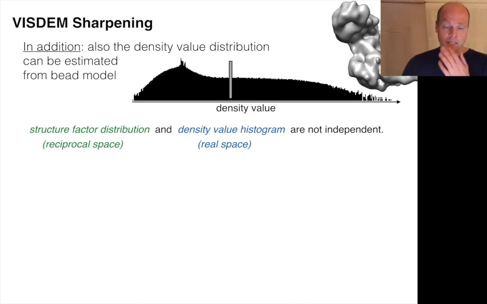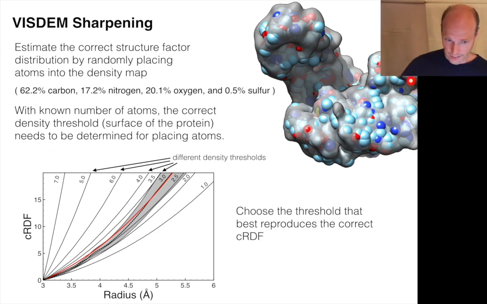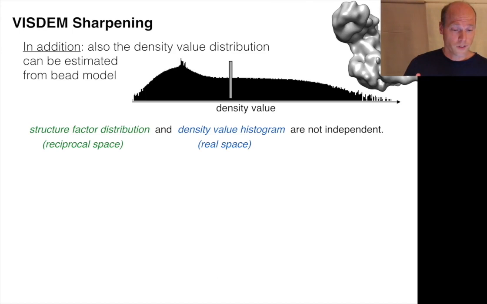And now that is one piece of information that we now have. There's also another piece of information that our estimate of the distribution gives us, like this distribution of the atoms that we have placed here. This gives us also information in real space, because now we know how the histogram of density values in our density map looks like.